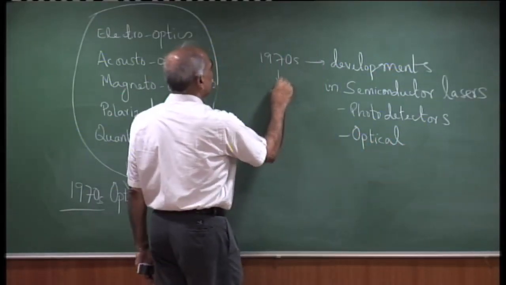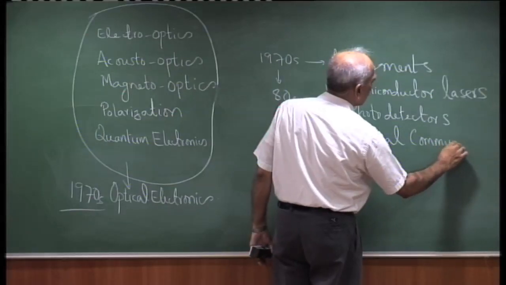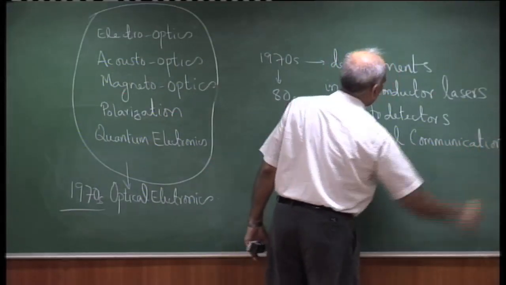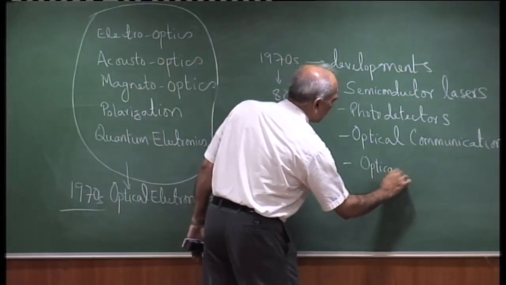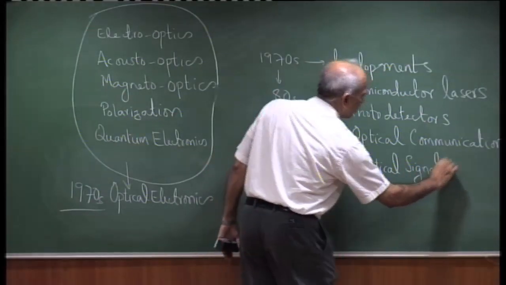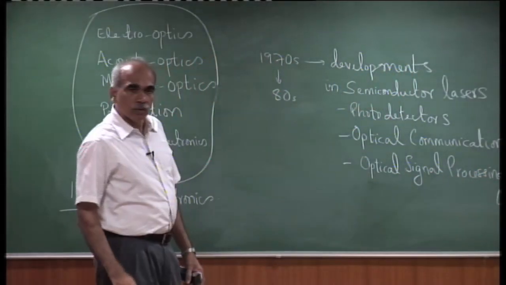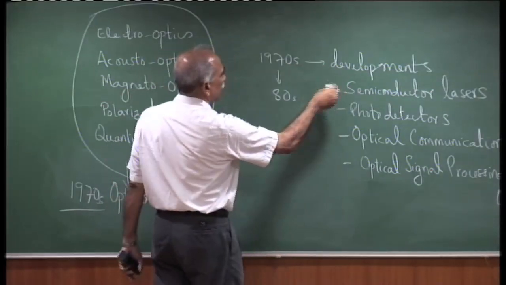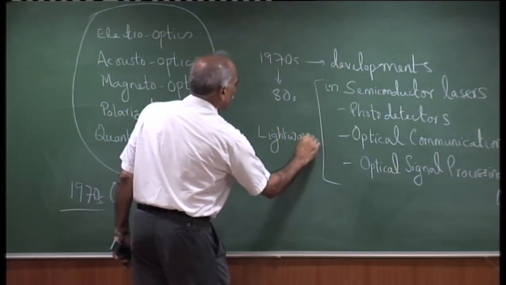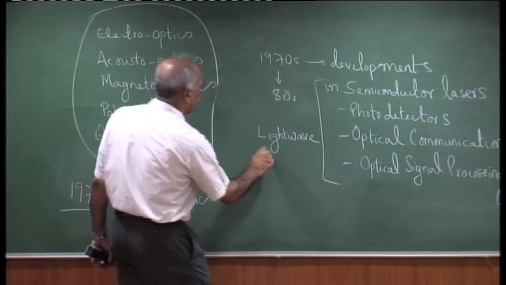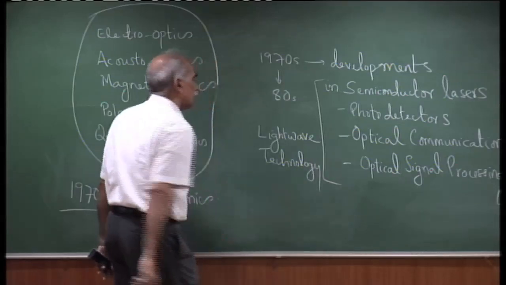So both the 70s to 80s, optical communication, optical fiber communication, fiber optics, optical signal processing, rapid developments in these areas led to light wave technology becoming an almost independent branch, an important branch of technology, light wave technology.